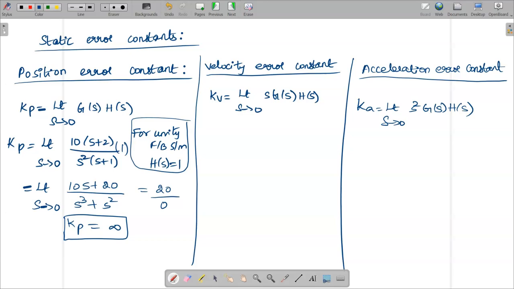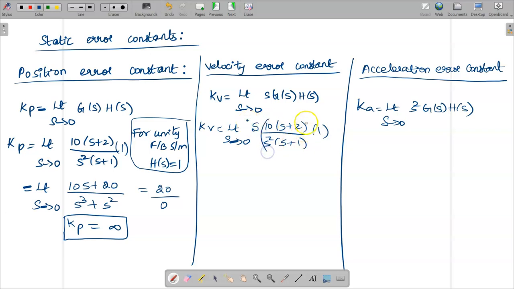So position error constant Kp is equal to infinity, and velocity error constant Kv is given by limit s tends to 0, additionally with one s. Again G of s H of s, as usual, whatever we have substituted here we can substitute here also: 10 into s plus 2 divided by s square into s plus 1, and H of s value is 1.